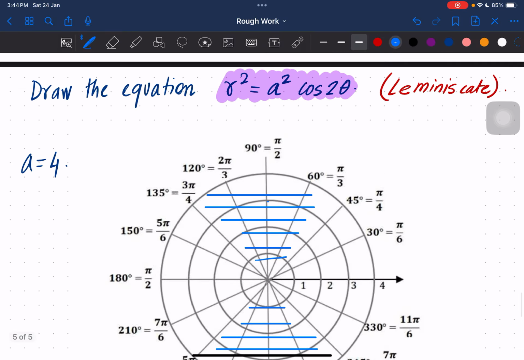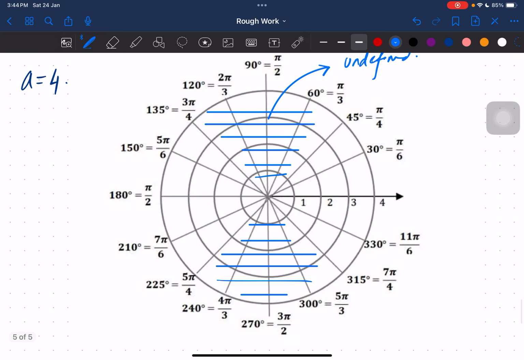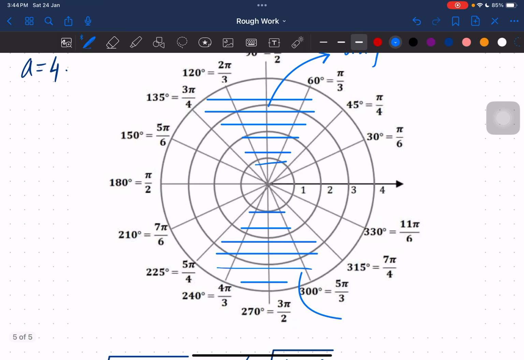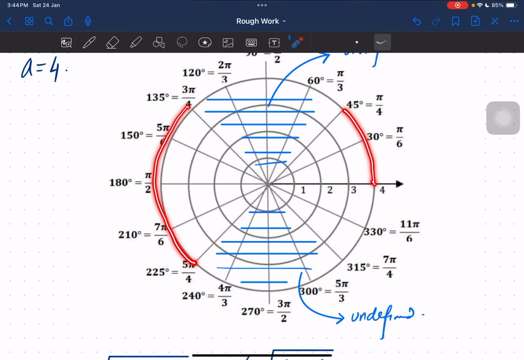So basically this region is undefined. So you can only focus from 0 degree to 45, then 135 all the way up to 225, and then again from 315 to 360, that is again 0.